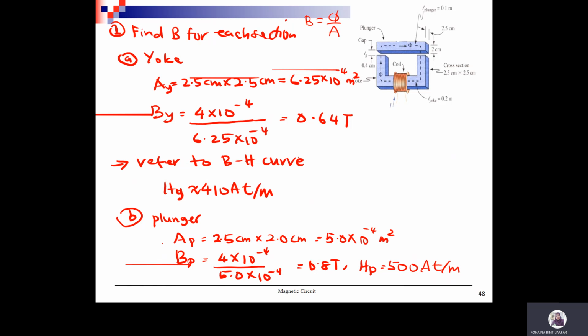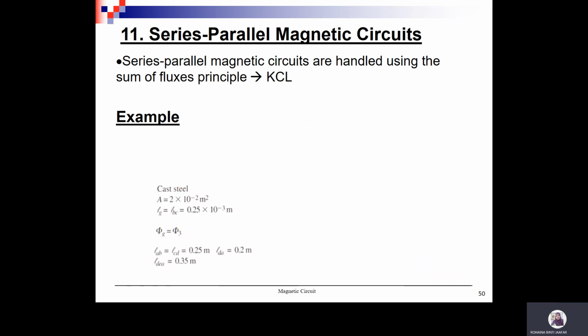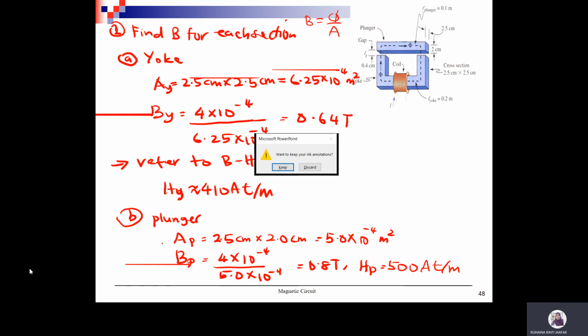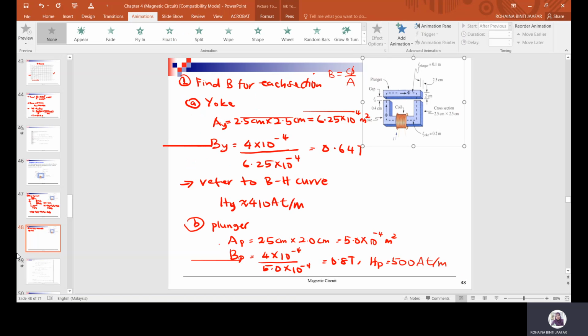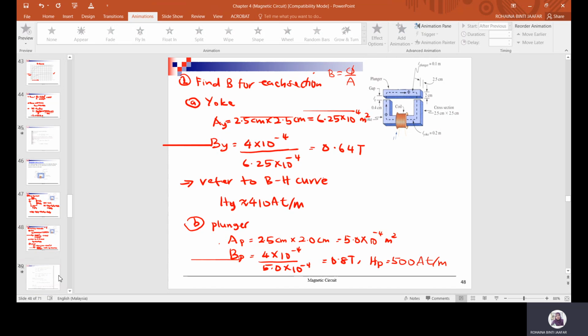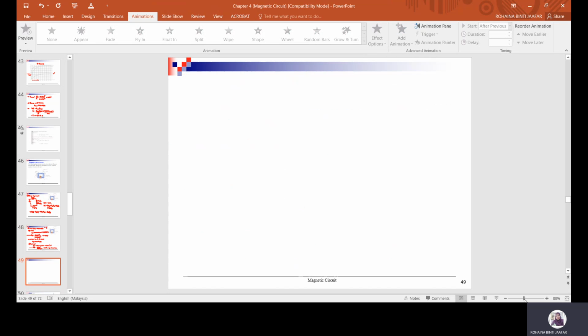Next, you have already solved for yoke and plunger. The last is for the air gap. Let me add the slide. You have to find the air gap.